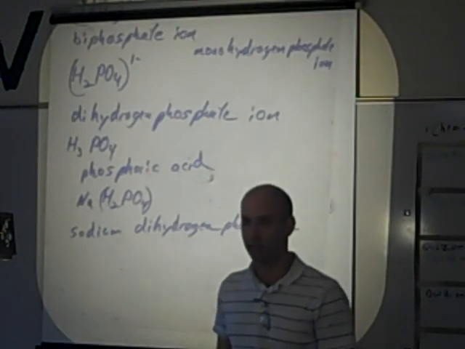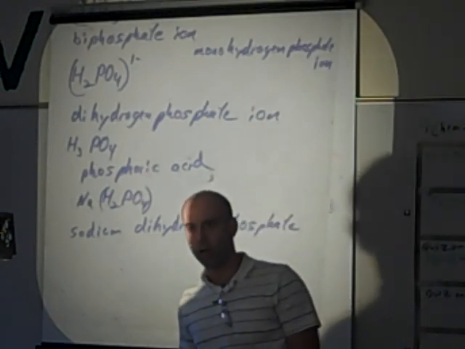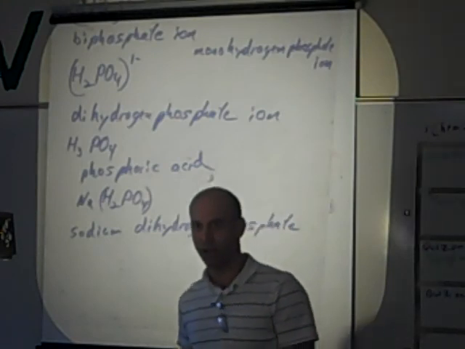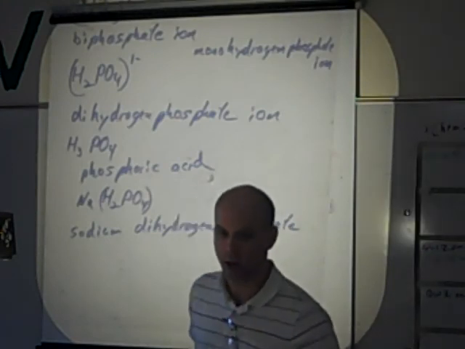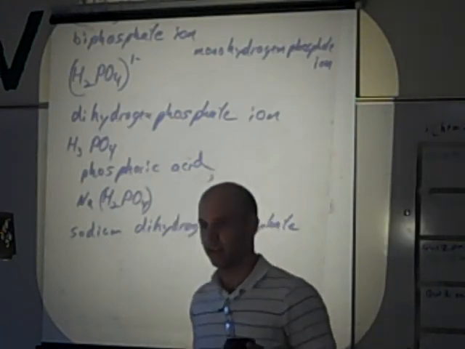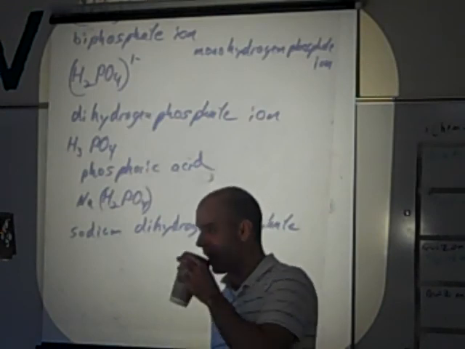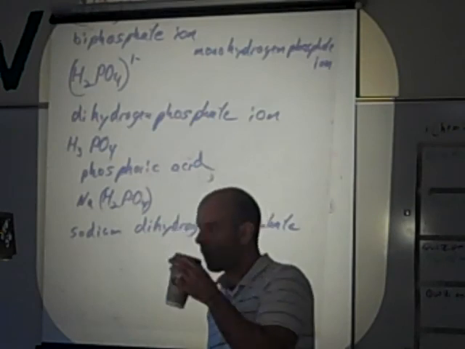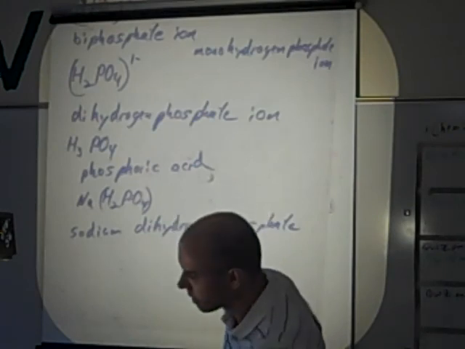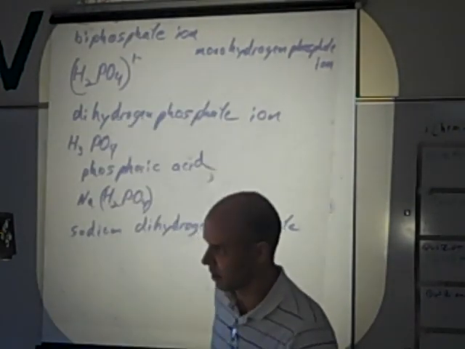Comprende? I think we're good. Yep. If it has an ion, it will show you that outside the parentheses. There will be a charge written outside the parentheses. Okay?